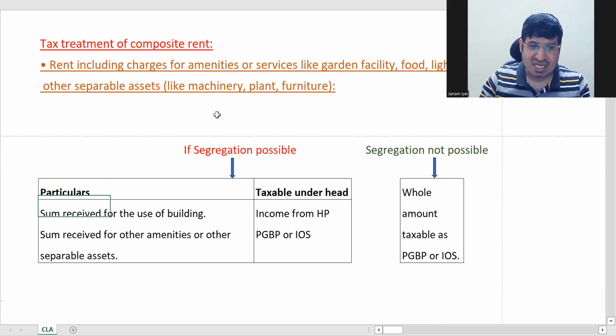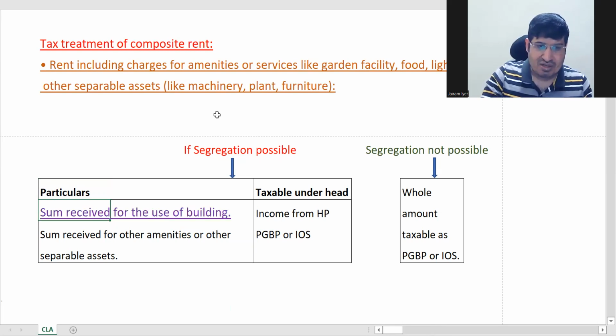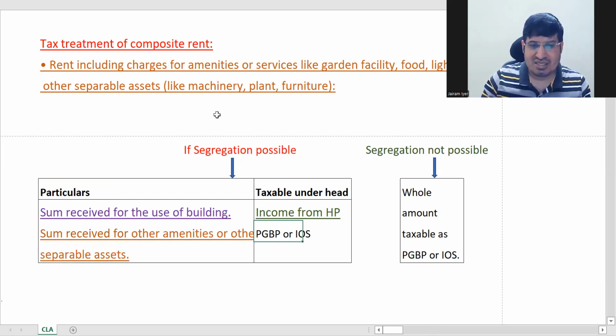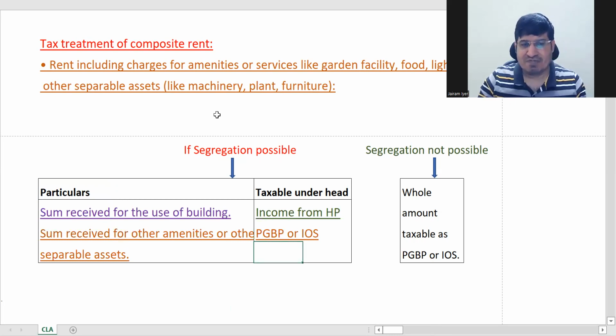If segregation is possible, then the sum received for use of building will be income from house property, and the sum received for other amenities or separable assets will be PGBP or IOS. So if you are able to segregate, that is the treatment.